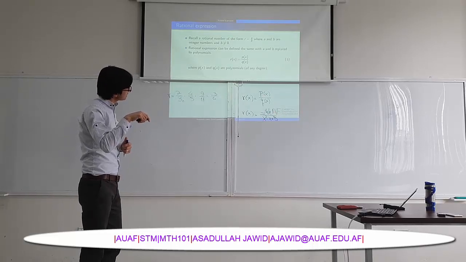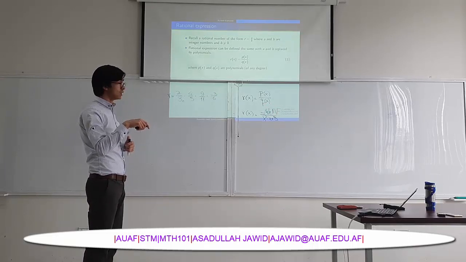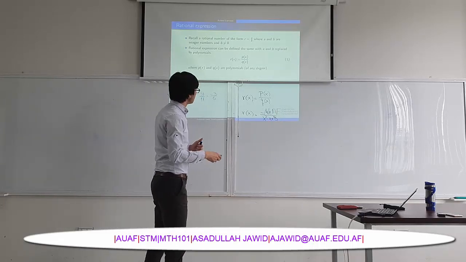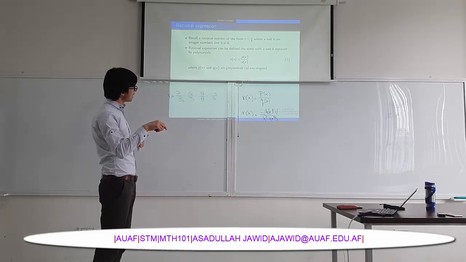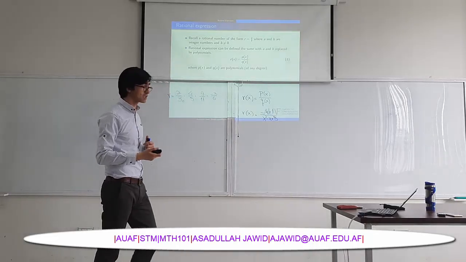Now you can see this is a polynomial of degree 1. This is a polynomial of degree 2. You can write more examples just by replacing other polynomials here and here, and you get another rational expression.